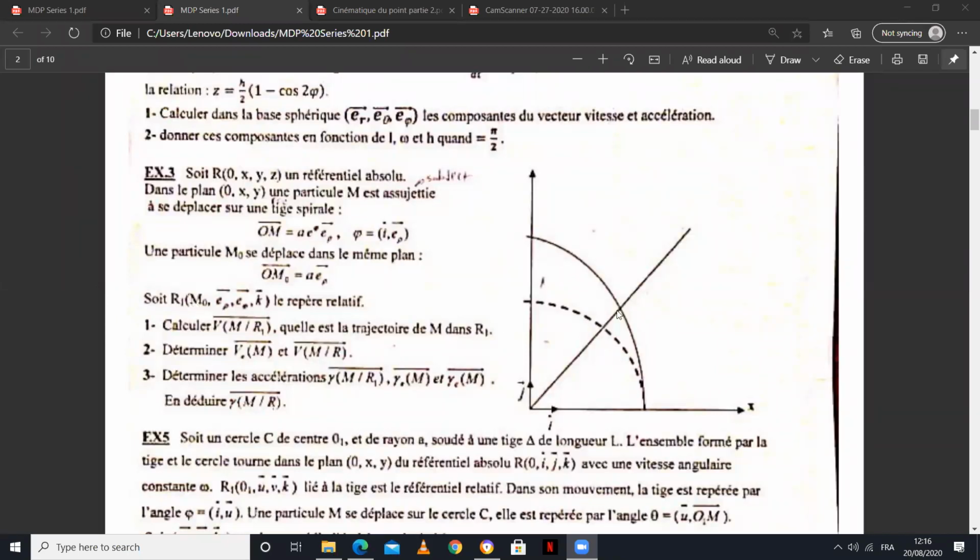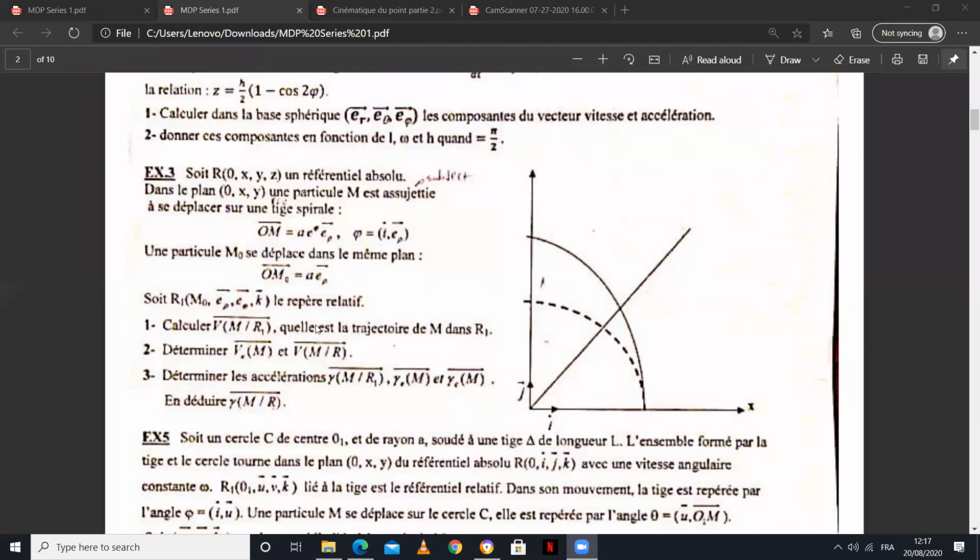And we are going to differentiate that in R1, because we are calculating vitesse relative. C'est dans le référentiel relatif ou dans le repère relatif. So we are going to derive the expression M0M in R1.